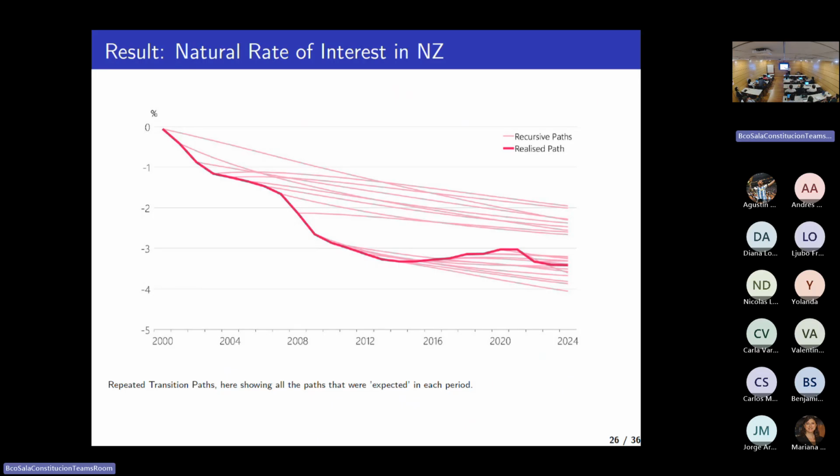We haven't yet, but we should. That's a good point. In the previous version of the model, we had that stationary equilibrium thing every time. And so we're still kind of going through generating a lot of results with this one. But that's a good point. We should compare the shape of this part to the statistical estimates that the RBNZ already has.